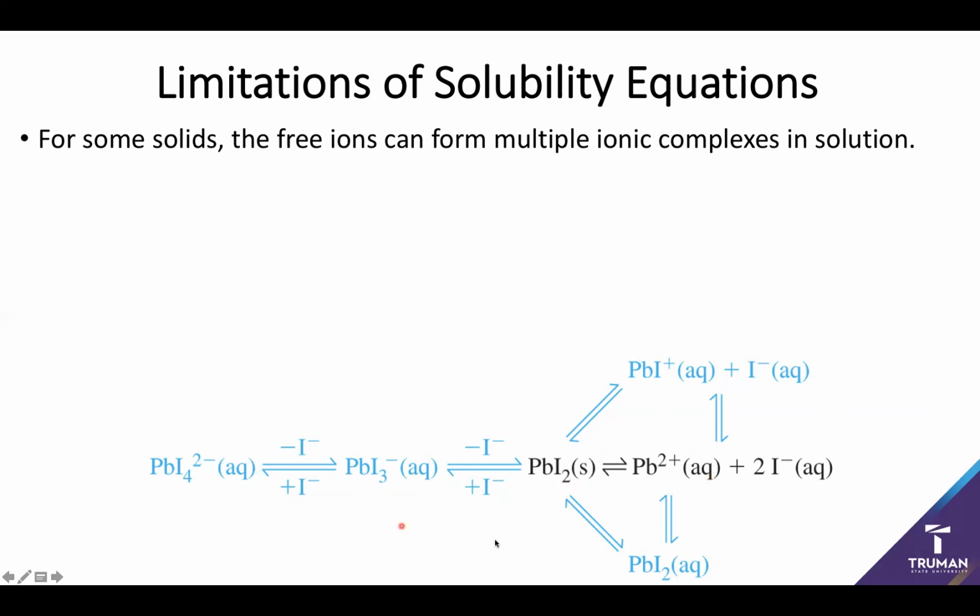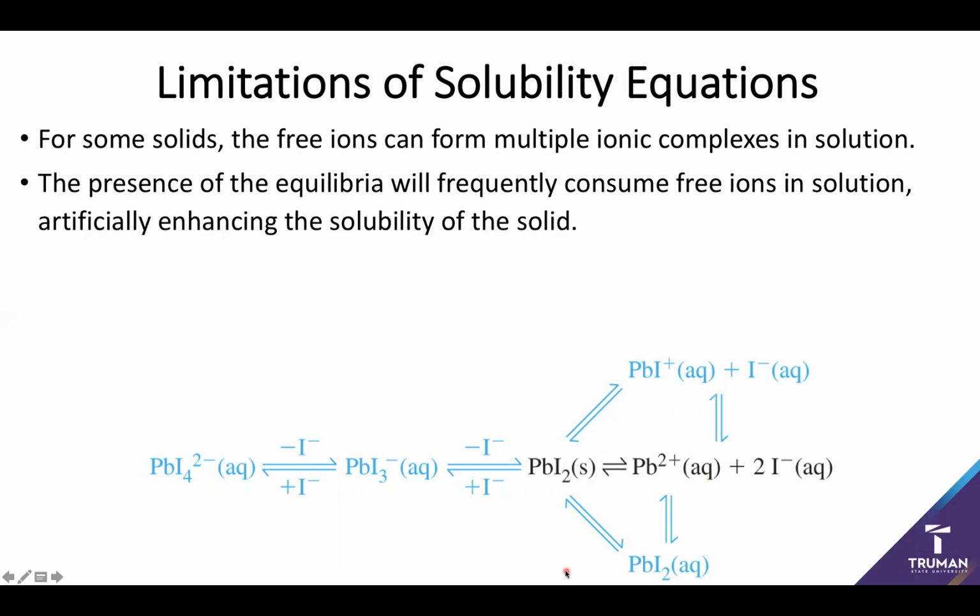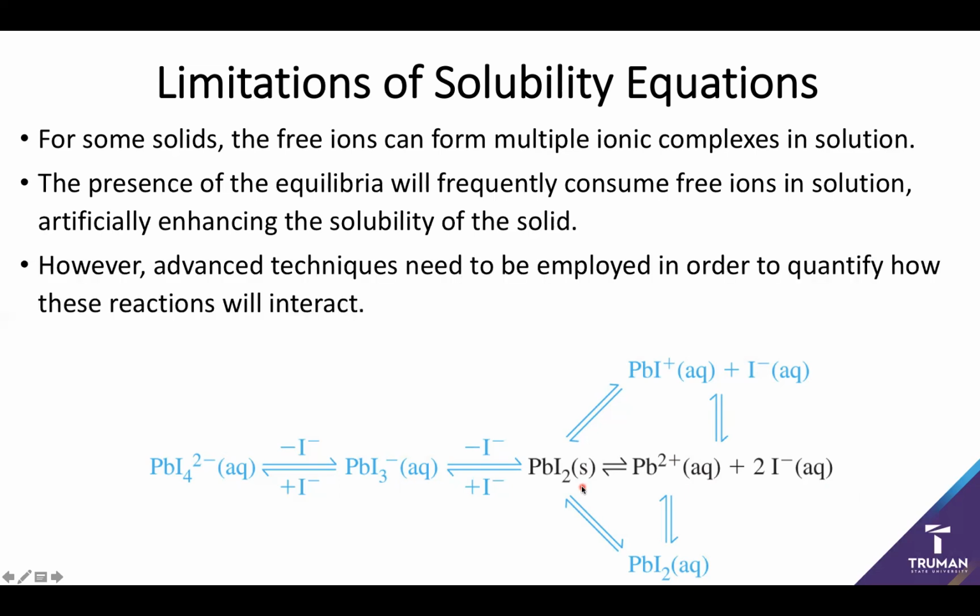All of these are present in solution. But it turns out that the presence of these extra complexes will reduce the concentration of lead iodide, which increases the solubility, of the degree to which our solid lead iodide breaks apart.